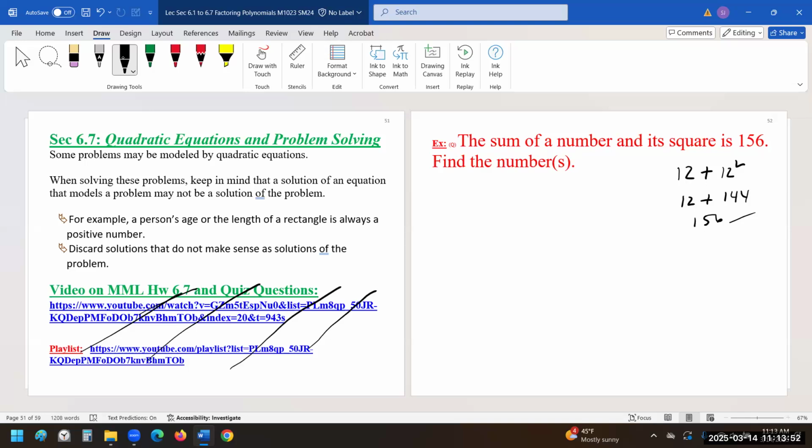So we can use our quadratic to solve this. Let's say the number is x. That means you have to add its square. So x plus its square, the result is 156. See, we have a nice quadratic equation.